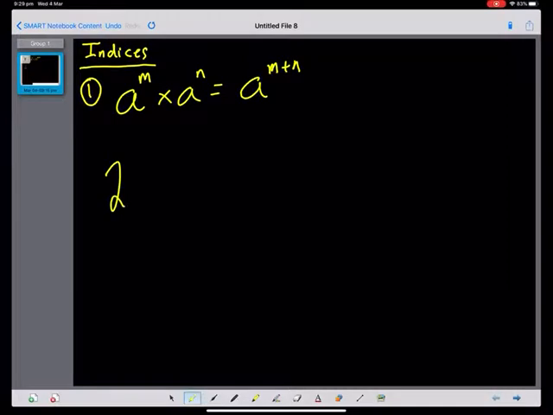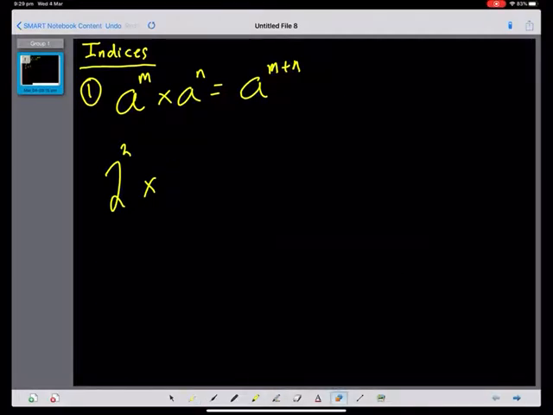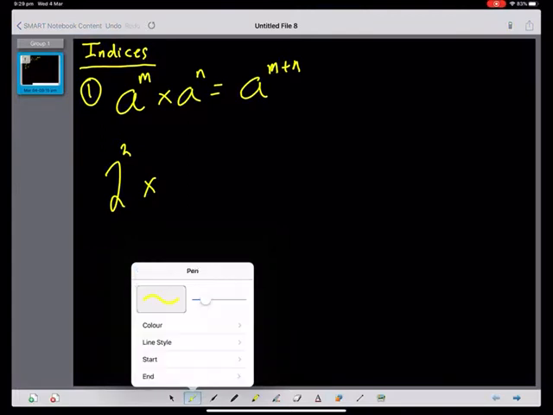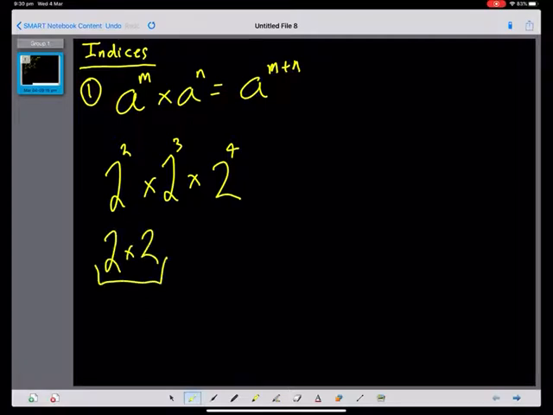Let's do 2 squared multiplied by 2 cubed times 2 to the 4. Effectively this is 2 times 2, that is the 2 squared.